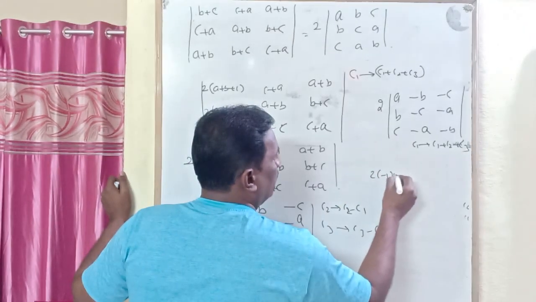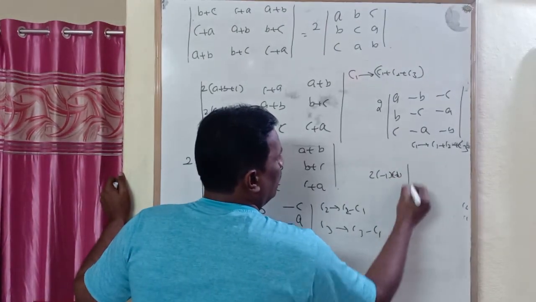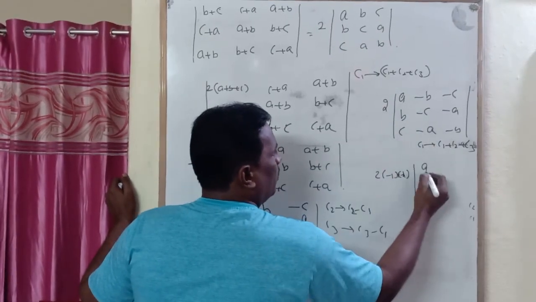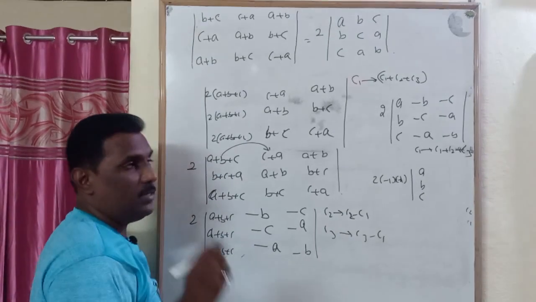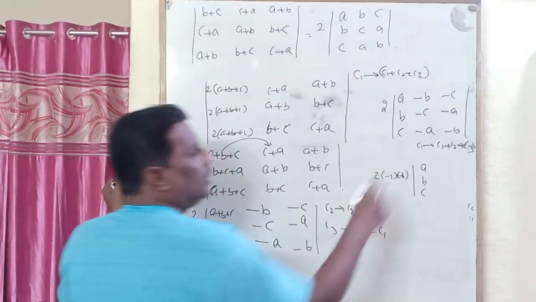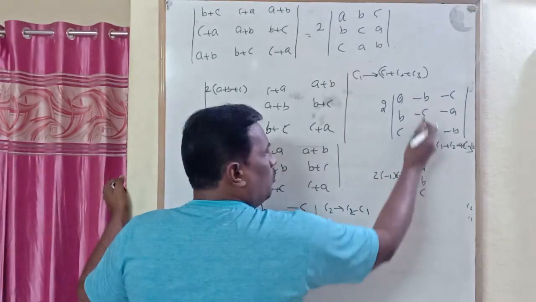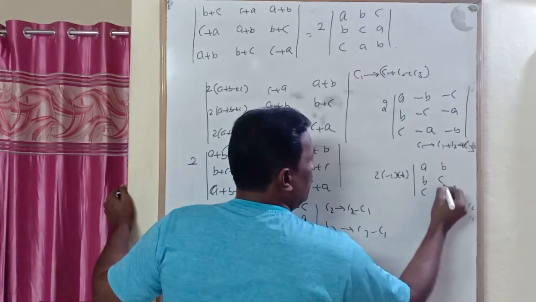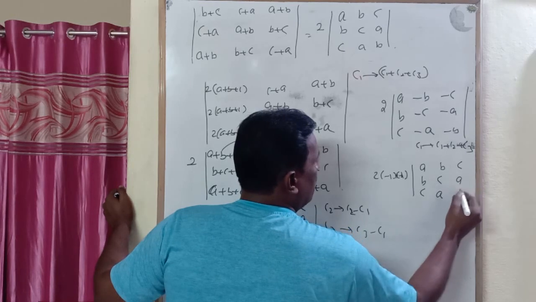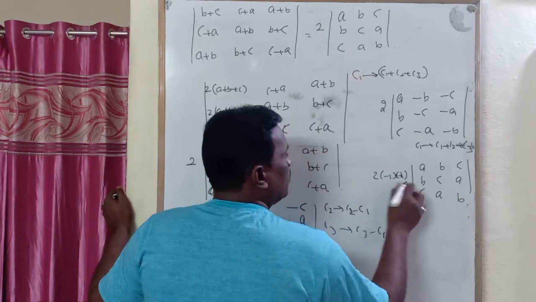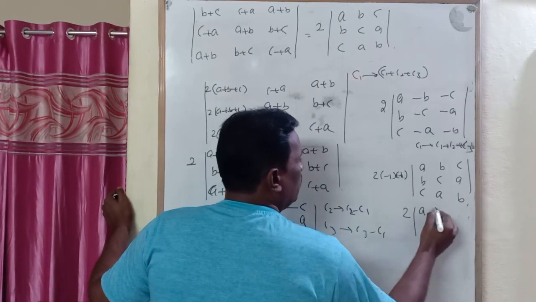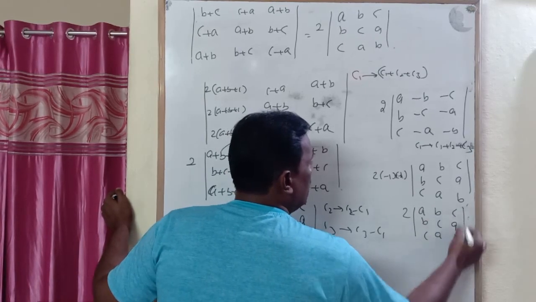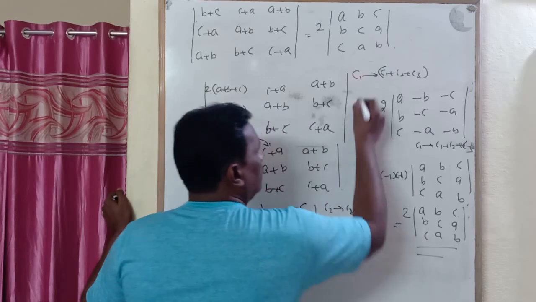Then take minus common from this and minus common from this. Pay attention, minus common from both the columns, here and here. In one row, if a common factor is available, you can take common. b, c, a, c, a, b. So this becomes 2 into a, b, c; b, c, a; c, a, b. That's the answer.